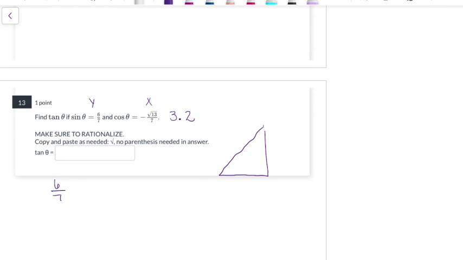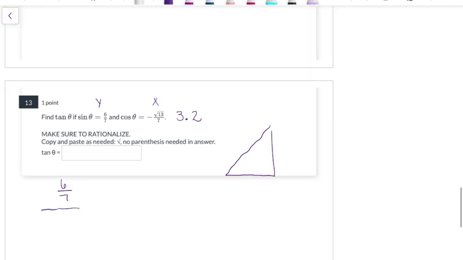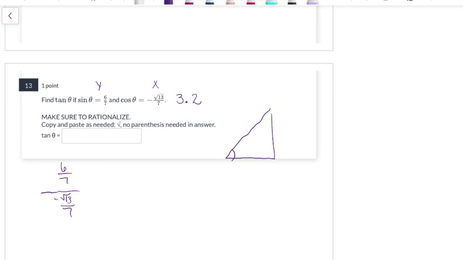Okay, so what I was saying was y divided by x, so 6/7 divided by negative square root of 13 over 7 is an option. If you're good with fractions, you can do that. If you don't like fractions, think of it this way. Sine is opposite over hypotenuse. Cosine is adjacent over hypotenuse. So now we have everything we need. Tangent is opposite over adjacent.